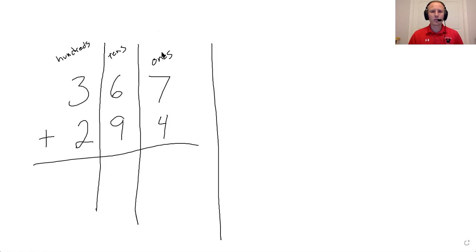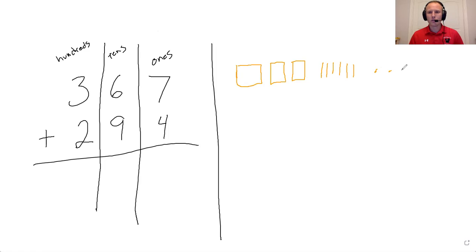Over here, on the top, I have 3 flats, each of these being 100. I have 6 longs, each of those being 10. And 7 ones, or 7 cubes.